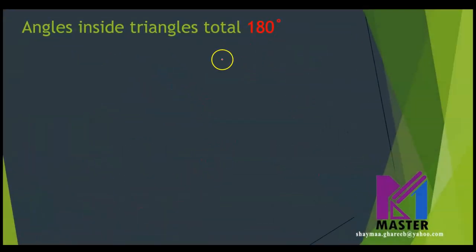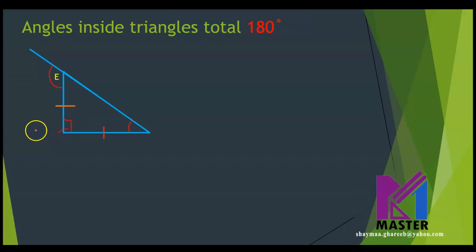Now look at this one. I have an exterior angle E. How to get it? In one step, we just add these two angles together. This angle is a right angle, which is 90 degrees. And this triangle is an isosceles triangle, which means this one is 45 and this one is 45.